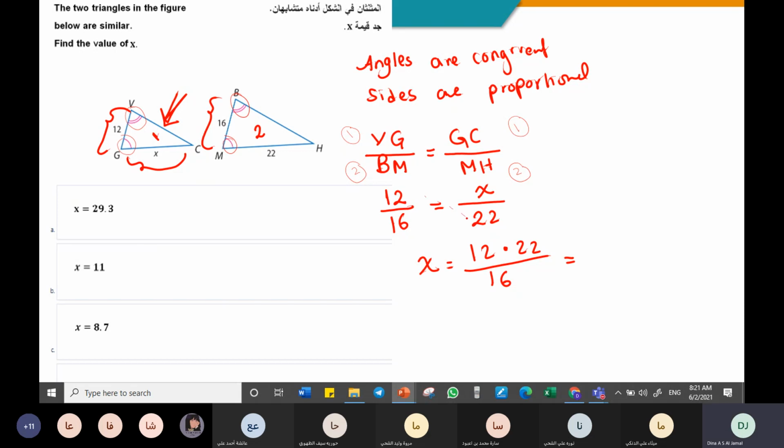What do I call this method when I use it? Cross product, ladies. It is basics. You need to know that this is the cross product. So get me x.